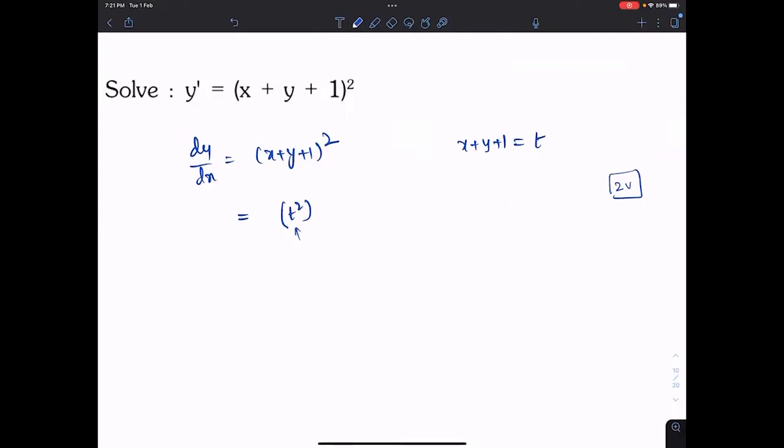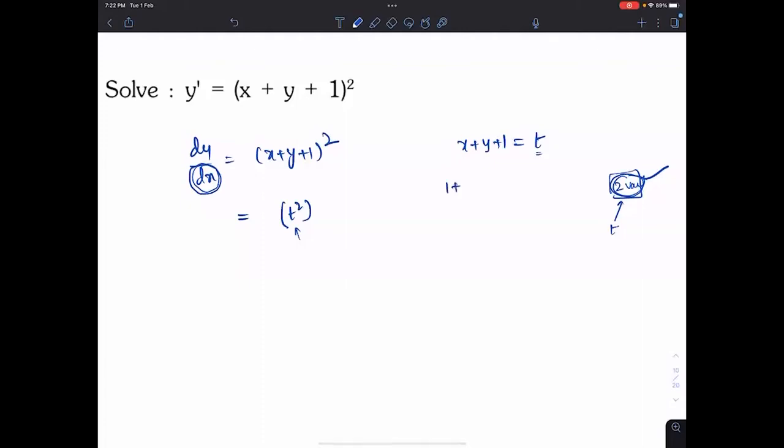X, Y. Now, if I'm introducing a third variable t, one of these two variables must not be there now in the new equation. Now you decide whether x must not be there or y must not be there. Usually we take in such a way that the variable in the denominator of dy by dx, that variable we eliminate.